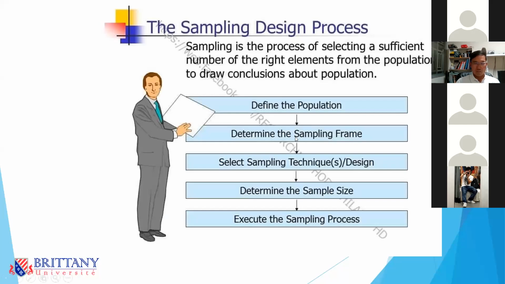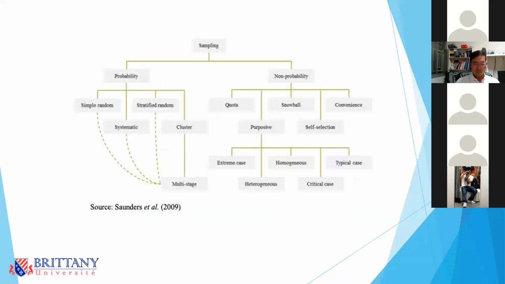So look into this: define the population, who are the population, determine the sampling frame. How to determine? There are some theories. Normally we follow the Krejcie-Morgan framework, right? You see here, you have probability sampling and non-probability sampling. Under probability, you have simple random, stratified random, systematic, cluster, or multi-stage.